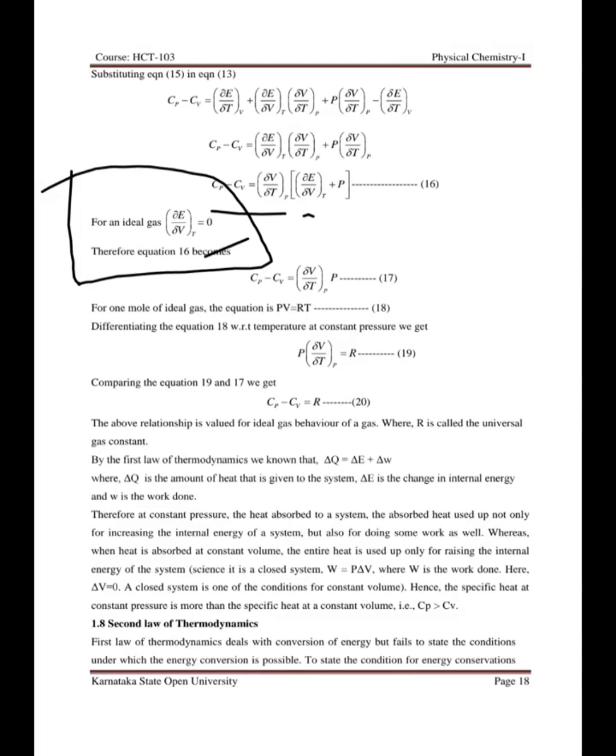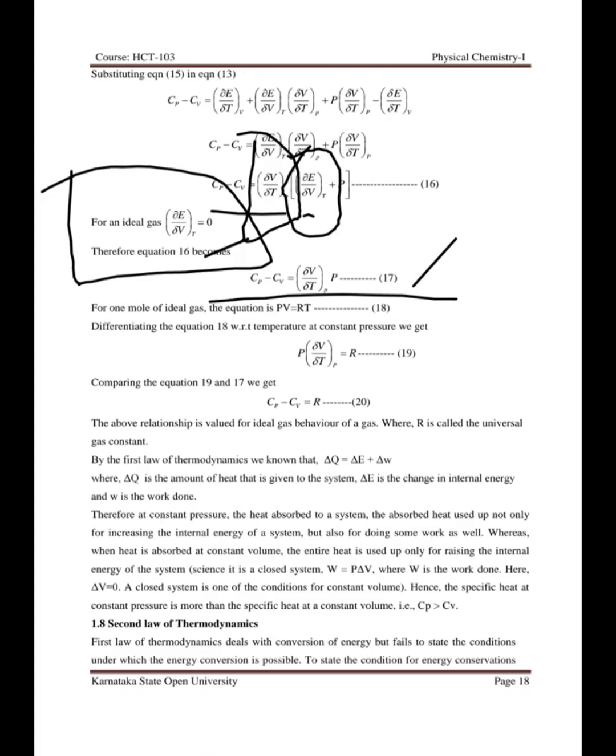If you are keeping ideal gas as a constant, we will be substituting that as 0. After the substitution, you will get equation 17. What remains is delta V by delta T into pressure. This is the equation 17.